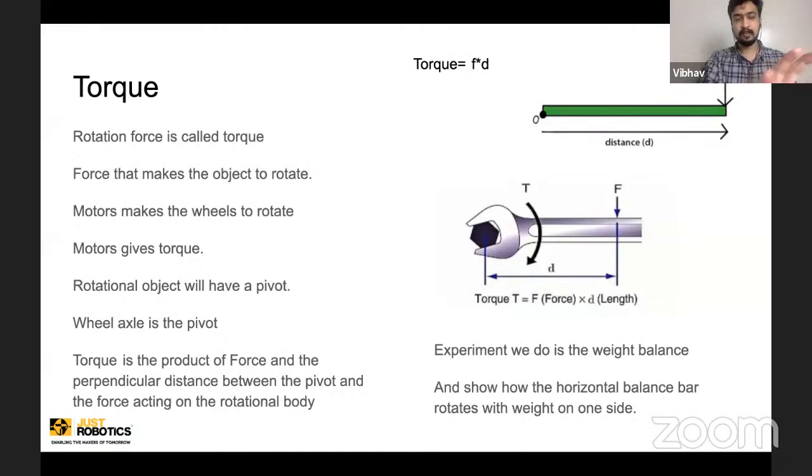When it is a rotational body, now that you have connected the wheel, the rotational body is the entire wheel itself, and there is contact with the surface. When the wheel rotates, it exerts force on the ground so that the robot propels forward. So the point of action of force is the ground.